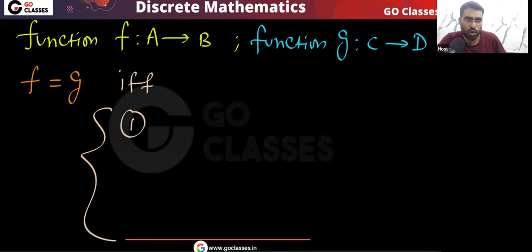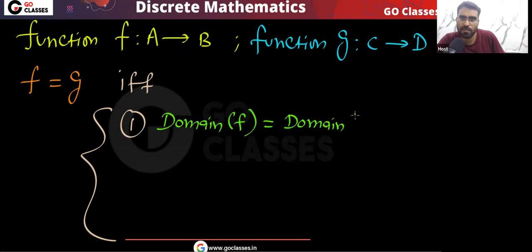What are those? Domain must be same. Domain of f must be same as domain of g. That means A must be equal to C. Is this clear? So the domain must be same.